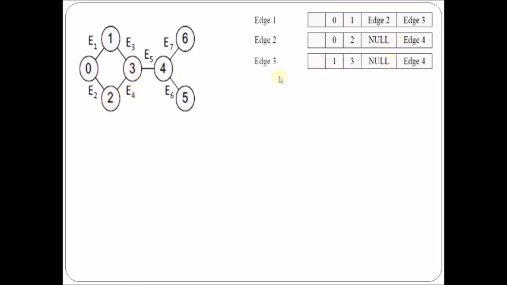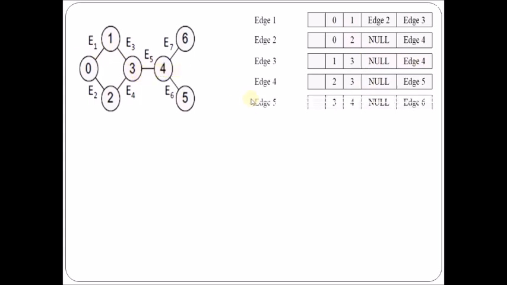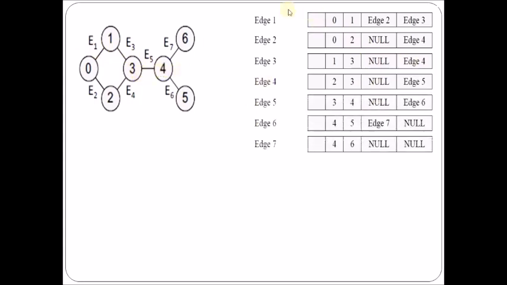Similarly for E3, E3 is between 1 and 3. We have already discussed E1, that's why I have written here null, and from E3 we have the edge E4. So I have written here E4. Similarly for edges 4, 5, 6 and 7.